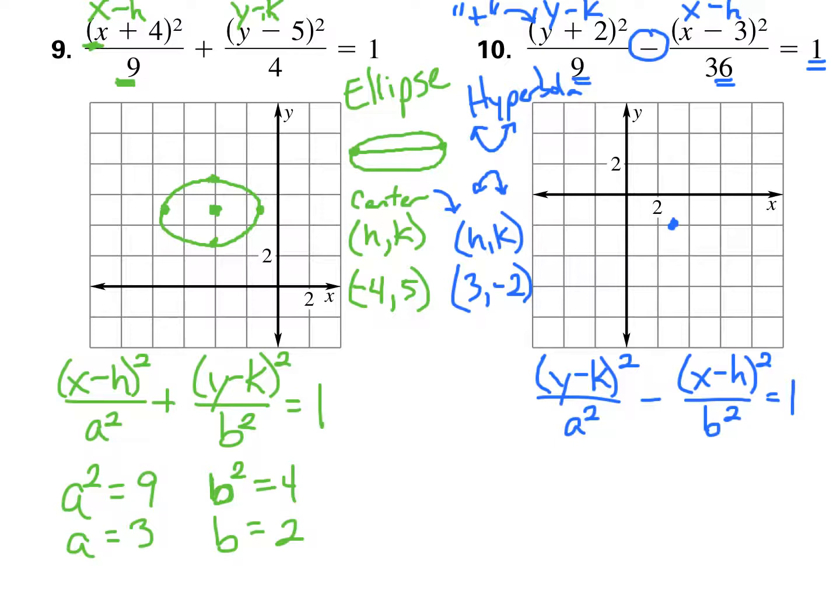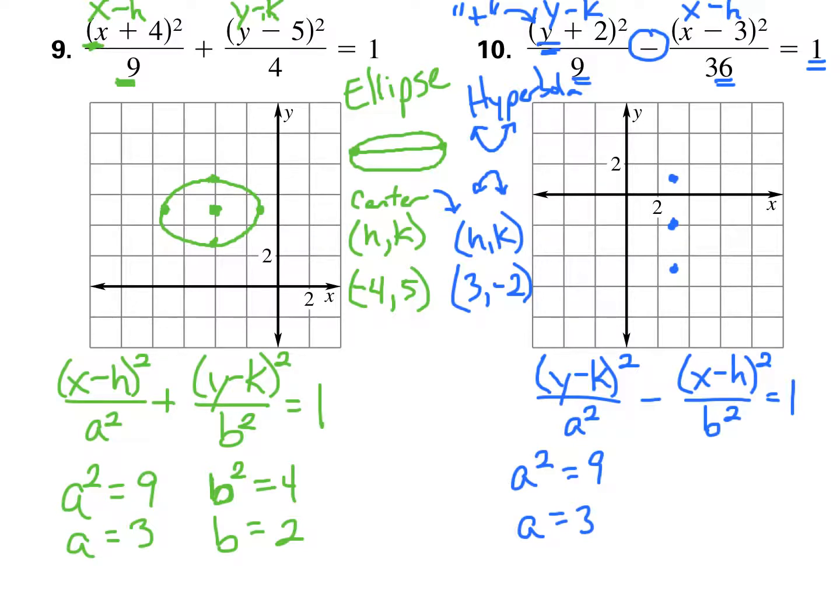My vertices are a units away in the y direction because the y is positive. So my vertices are a units away from the center in the y direction. So a squared is equal to 9, which means that a is equal to 3. So I have a vertex 3 units up and a vertex 3 units down. So those are my two vertices.